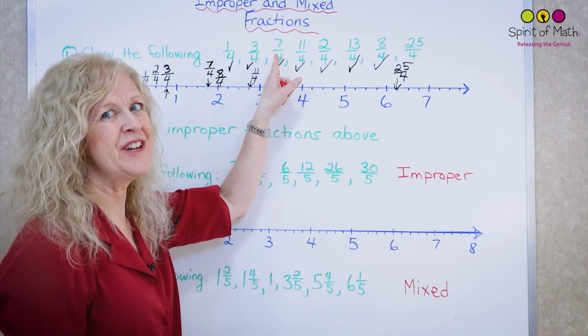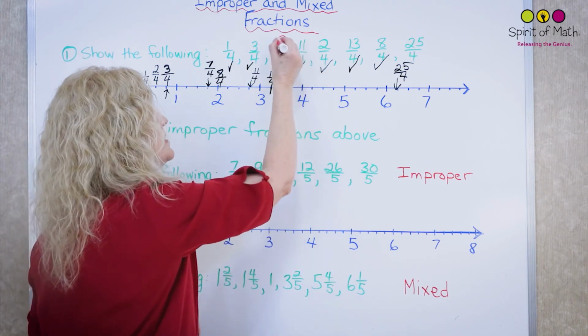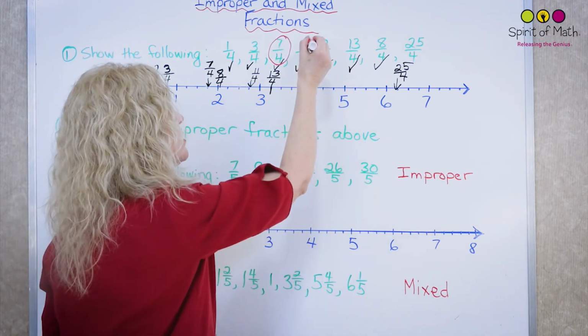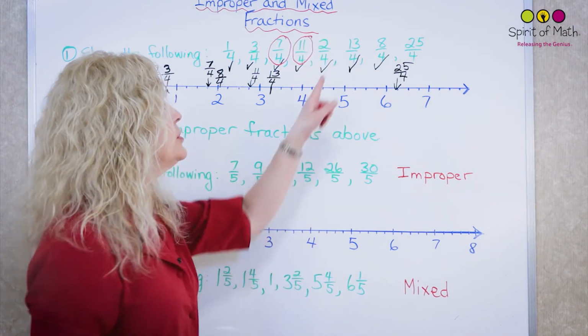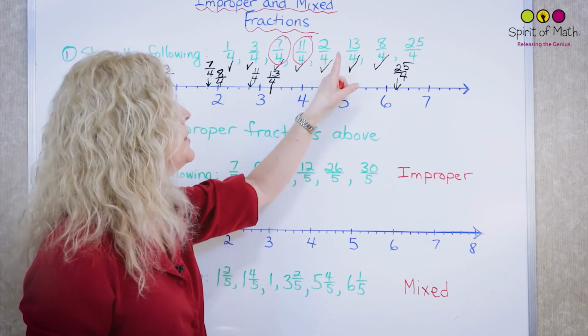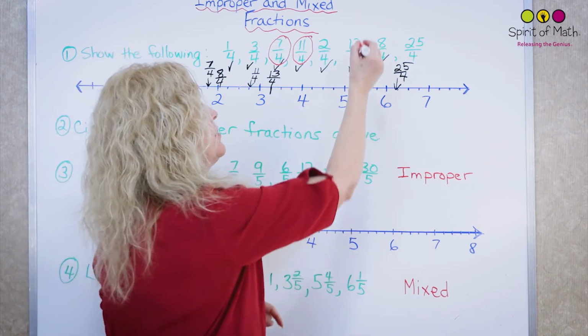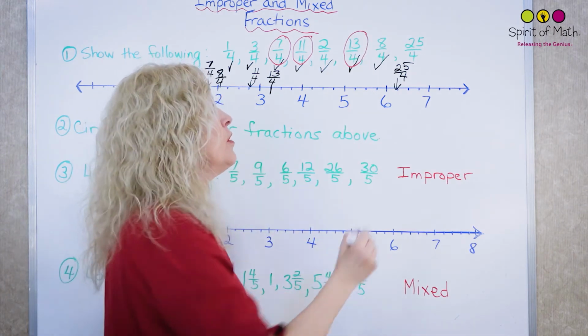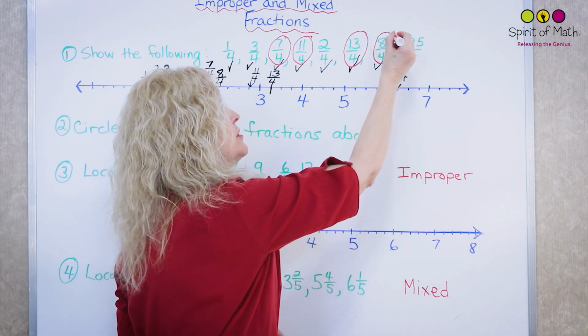7/4, oh, the 7 is bigger than the 4, so that's improper. 11/4, that 11 is bigger than the 4, so it's improper. And 2/4, that 2 is smaller than the 4, so it's not improper. 13/4, oh, that 13 is larger than the 4, so it's improper. 8/4, it's improper. 8 is larger than the 4.